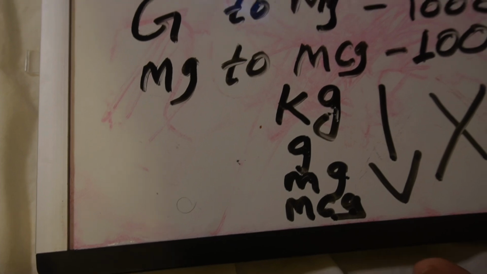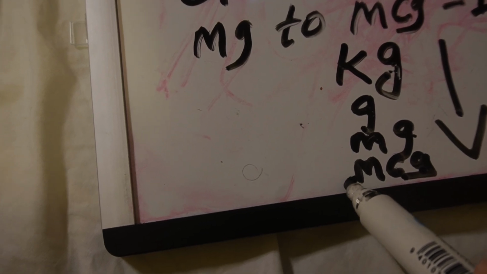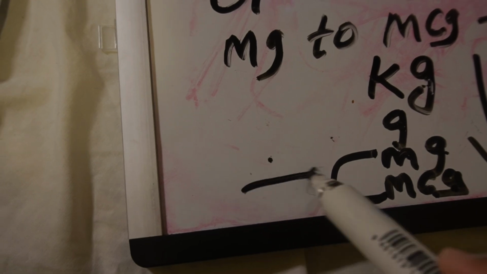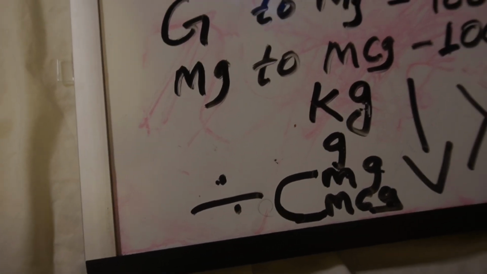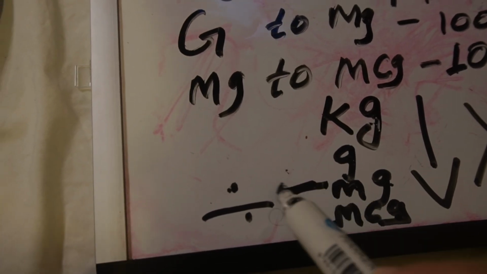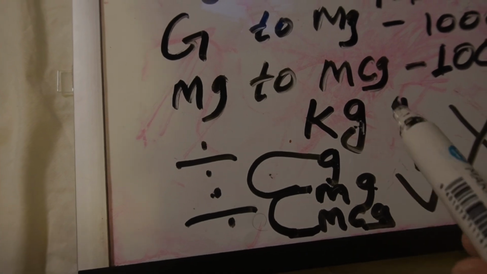The same thing happens when you divide. When you go from mcg, microgram, to milligram, we divide by 1000. When you go mg to gram, we divide by 1000.